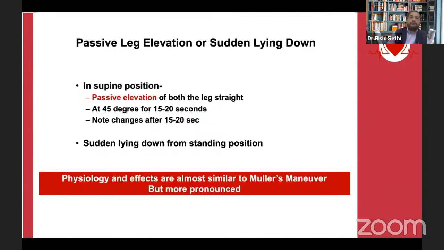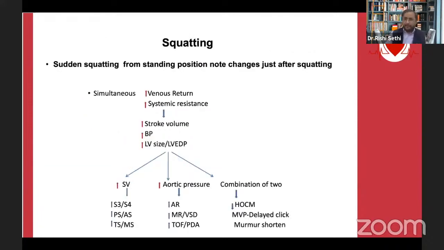With passive leg raising, you have to remember that it's a passive raising. You cannot ask the patient to raise his leg. You have to ask the patient to lie in a supine position, keep his knees straight, and elevate his legs from your own hand at 45 degrees, and note the changes after 15 to 20 seconds.